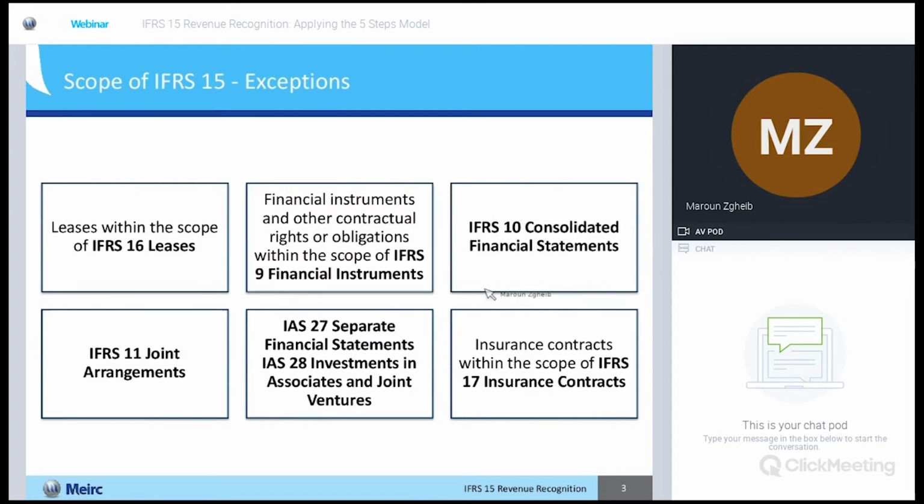It does not apply to IFRS 10 consolidated financial statements and the gain that generates from a bargain purchase or any transaction in IFRS 10. IFRS 11 joint arrangements, IAS 27, 28, and IFRS 17 insurance contracts. So all the income, revenues, or gains under those standards that I've mentioned above are excluded from this IFRS 15 revenue recognition.